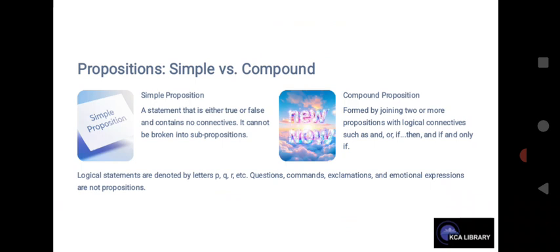When you use all those terms, we call them logical connectives, and we say a compound proposition is formed. This compound proposition can still be broken down into sub-propositions, like simple propositions.